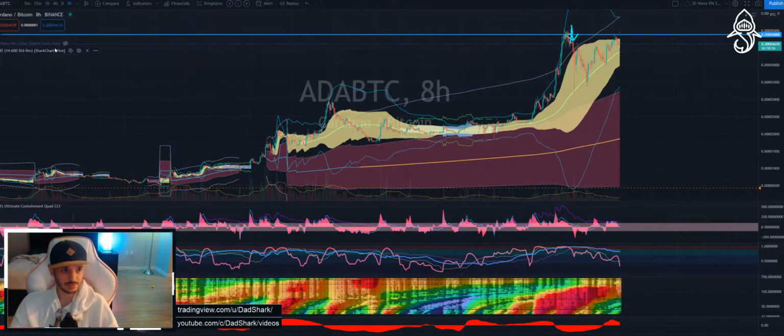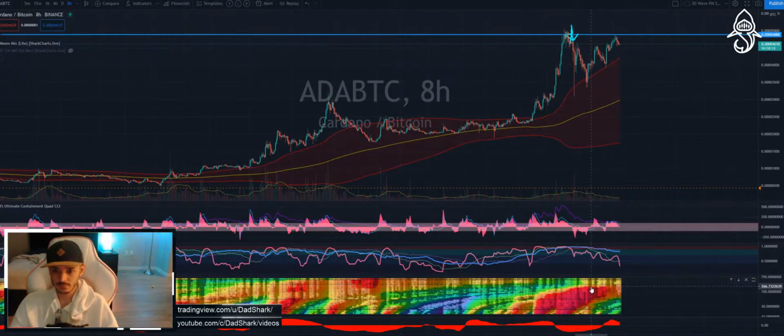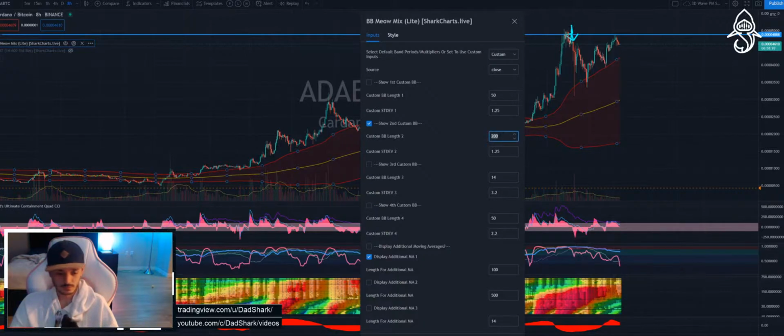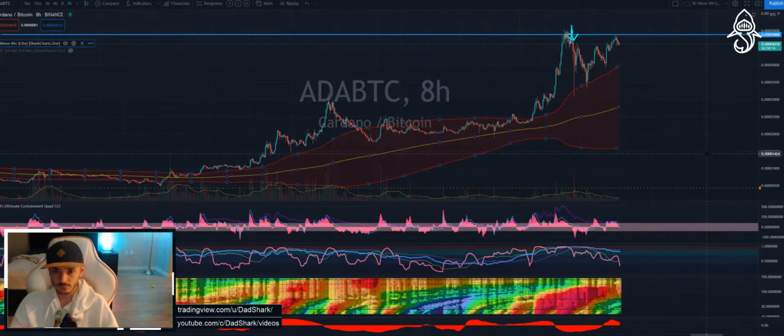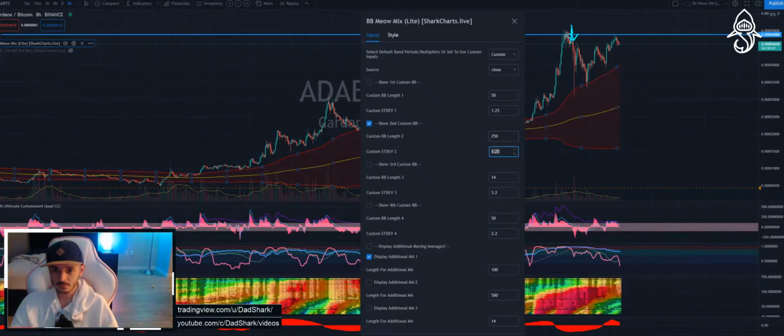Got to manually define it based on the 250. Oh, the perfect bounce too. Okay. I want to see the 3.2 on this. Yeah, so 250, 8 hour chart, 1.25. Okay.